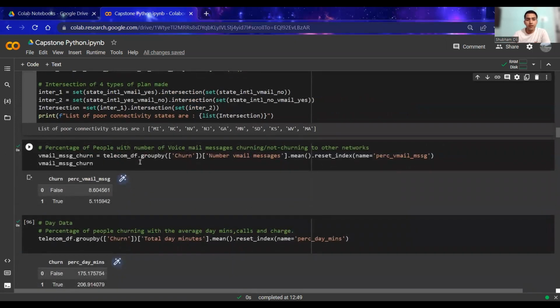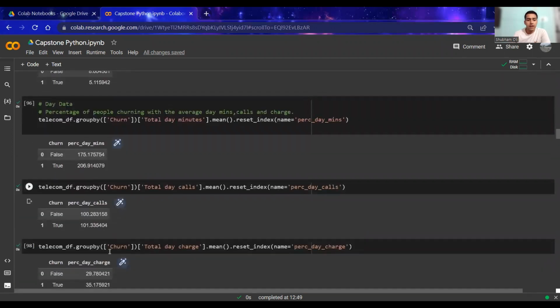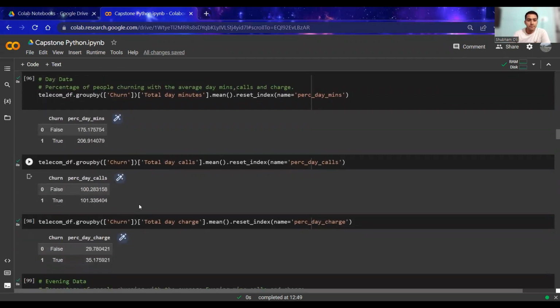Now percentage of people with the number of voicemail messages churning and not churning to other networks. So here we find the percentage of voicemail messages, and for day data, we have this. For day minutes, day calls, and day charge, we find that.